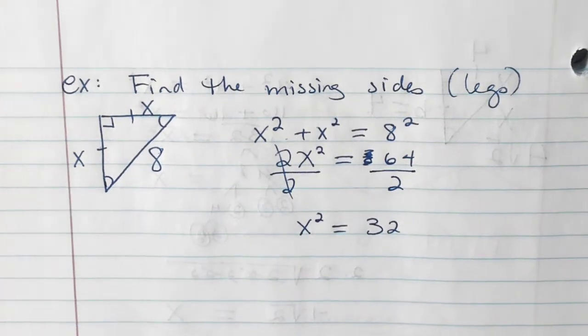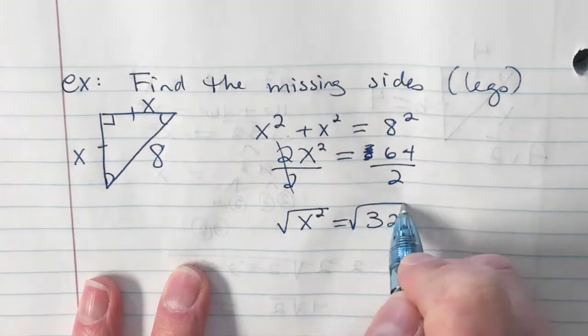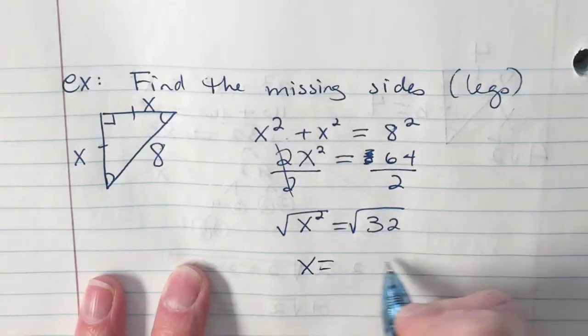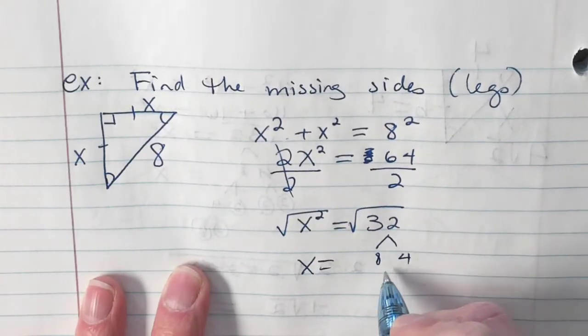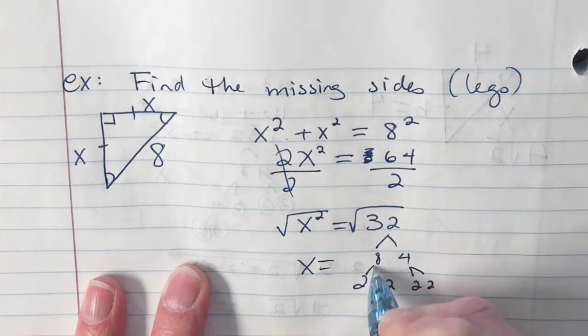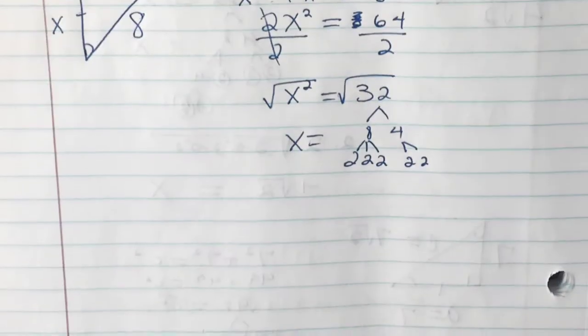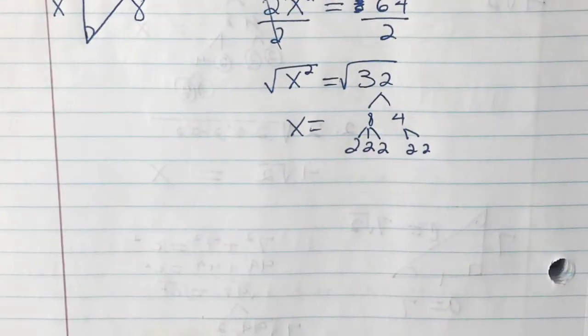Again, I'll be your human calculator. And then we have to take a square root. And so I'm breaking down that 32, and we broke down 32 just a couple of minutes ago.